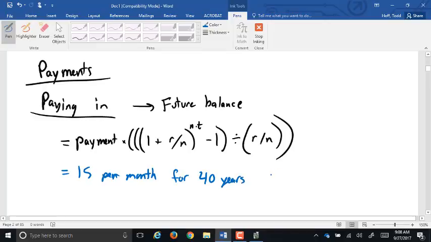Let's be conservative. Let's say you're making 8% on it. Now notice I didn't say 8% compounded whatever. If you're paying in each month, it's going to be compounded each month.